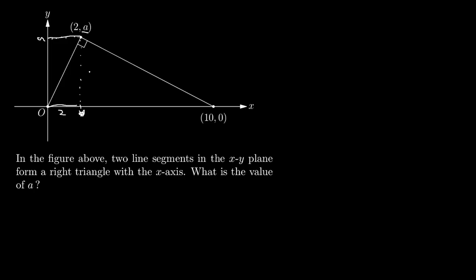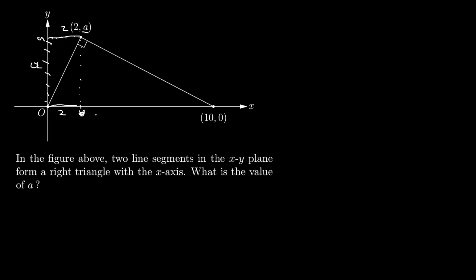Okay. So we are interested actually in this side here, the length of this line, this segment. Well, let's just use the Pythagorean theorem. It's the most obvious one. How can we use it? We know that this side is 2, and this side is A. And what is this side?